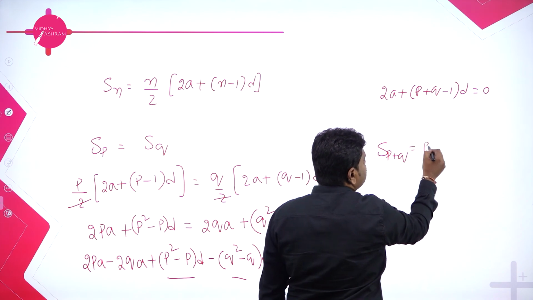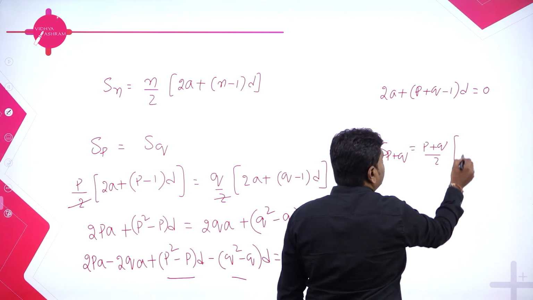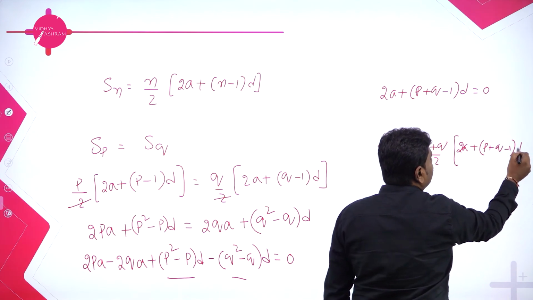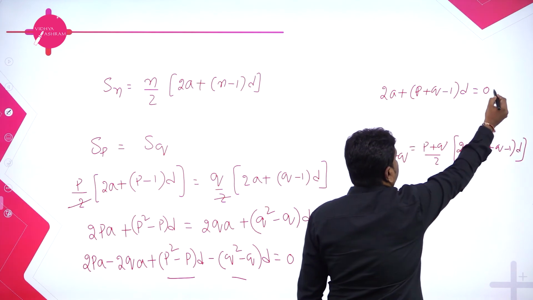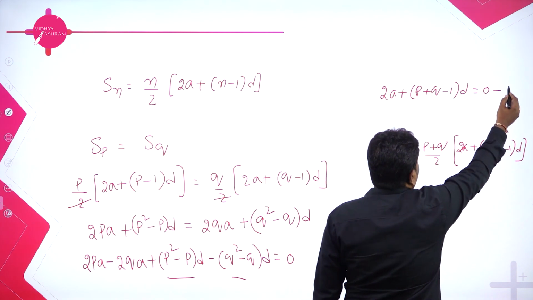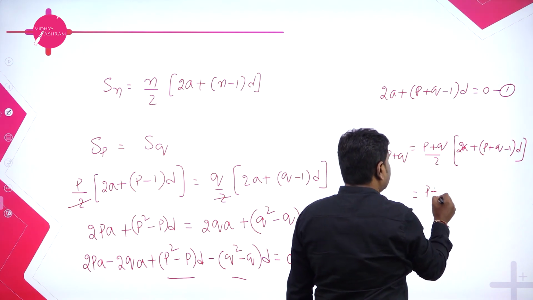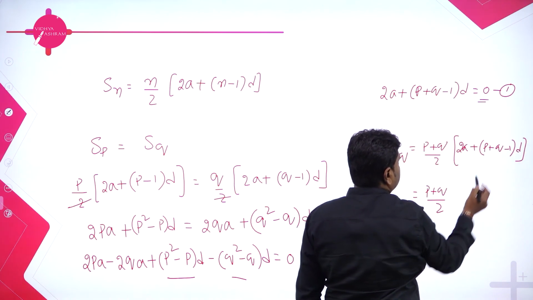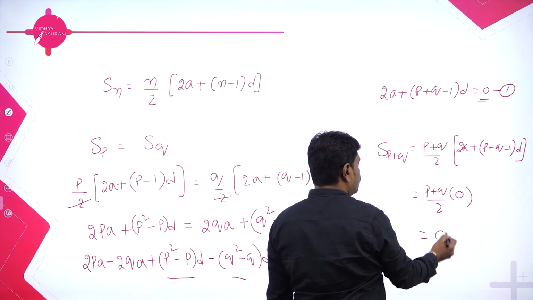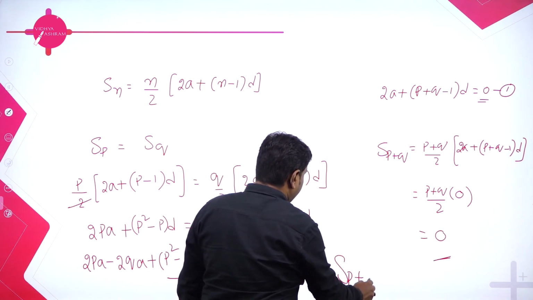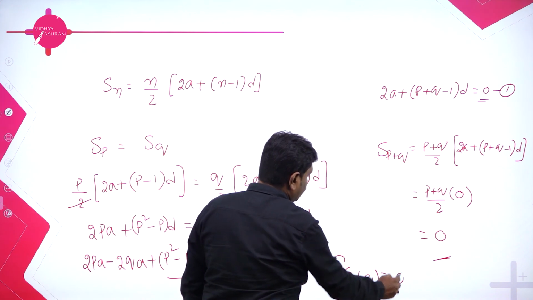The sum of p plus q terms is p plus q by 2 into 2a plus p plus q minus 1 into d. But you know this part; this equation I named as equation 1. So from equation 1, this whole thing is 0, so instead of this whole thing I can put 0. Anything into 0 becomes 0. Therefore, the sum of p plus q terms they wanted is exactly 0.